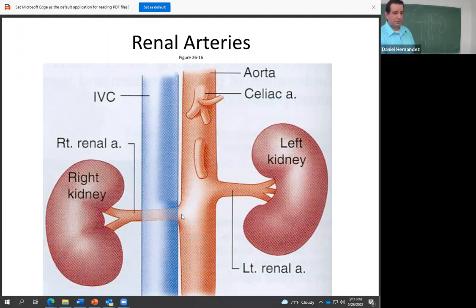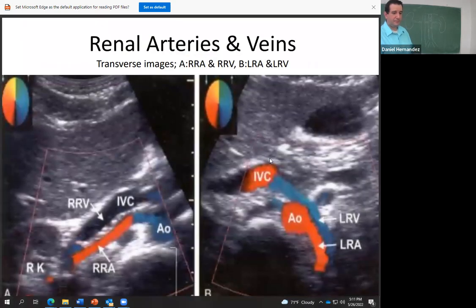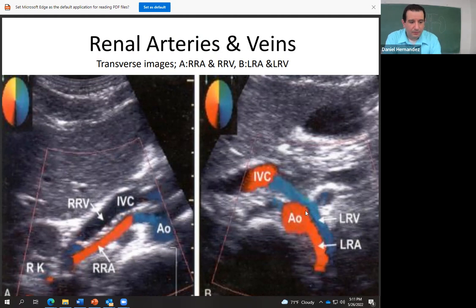So this just shows again the right renal artery coursing posterior to the IVC, and the left renal artery, not as long. Now we see a transverse view here. So this is the aorta, IVC.